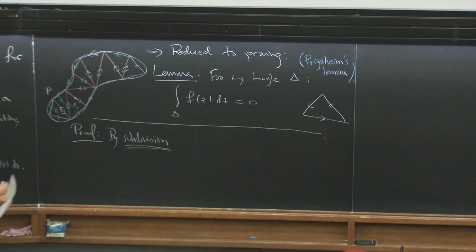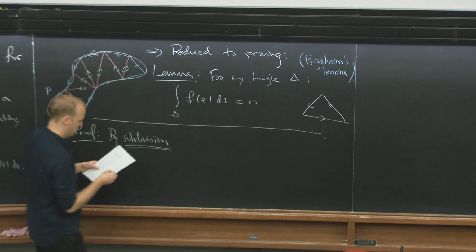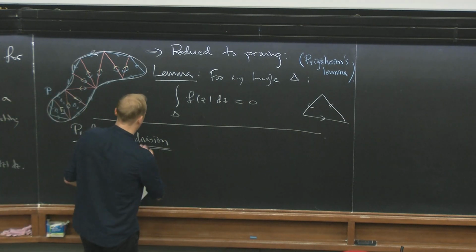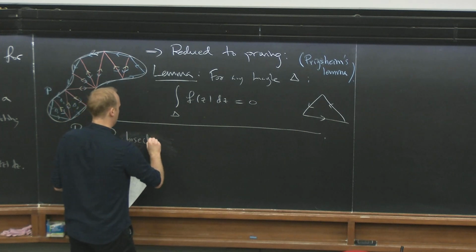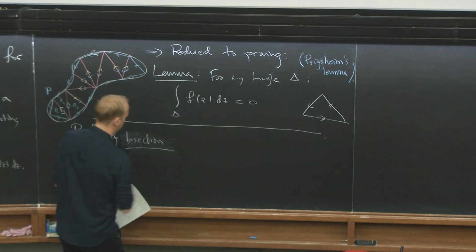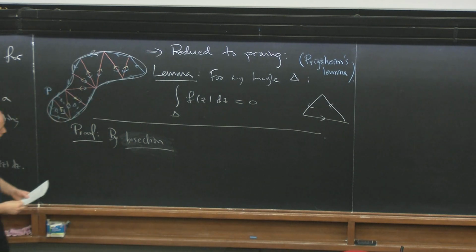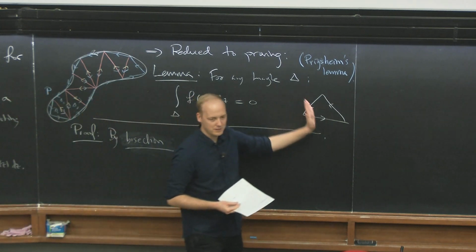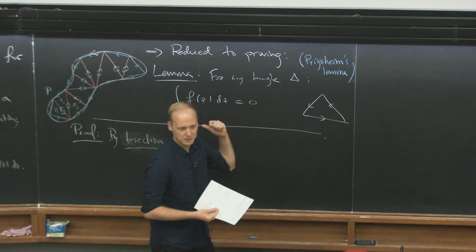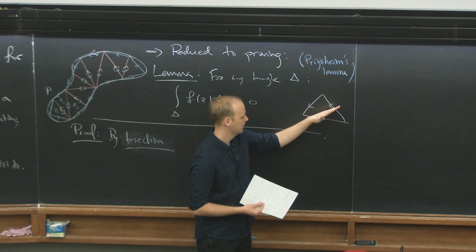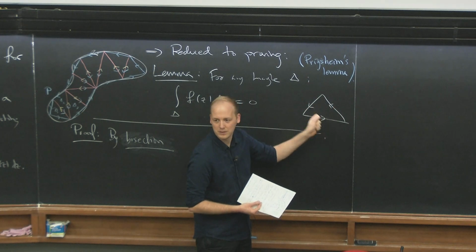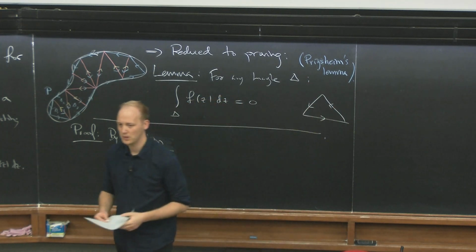So a proof by subdivision. Actually, what I want to say, sorry, I guess the correct term is bisection. Of course, I will subdivide this triangle, but it's more precise to say bisection because I want to always subdivide it by taking the middle point on each side and then constructing a smaller triangle.